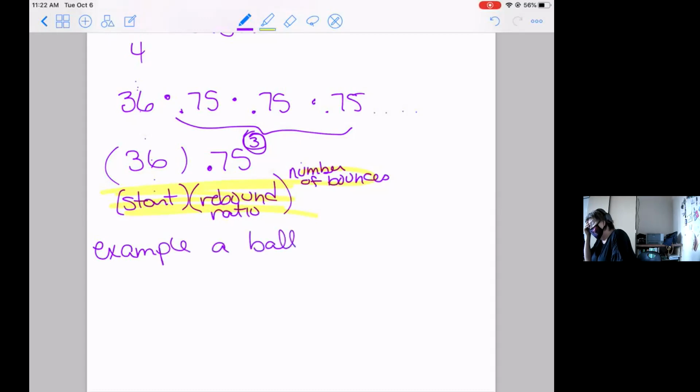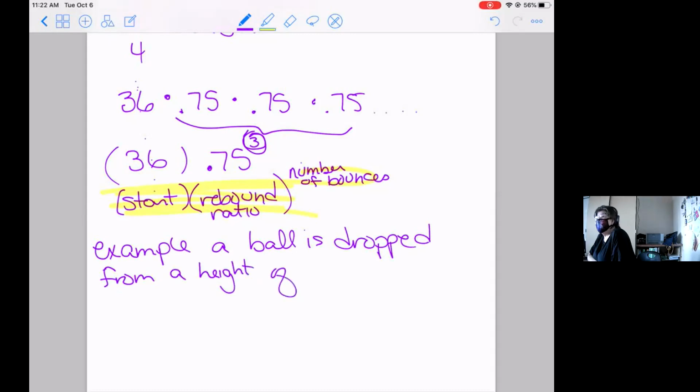A ball is dropped. So I'll go with height. Should we pick double digit or triple digit? Double digit. Could be anything. 175. Inches or centimeters? Centimeters. Okay.